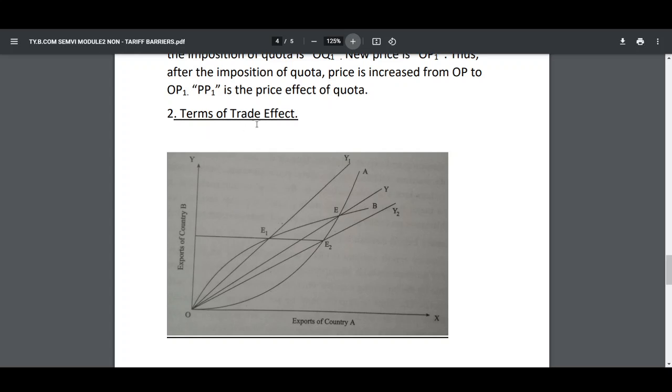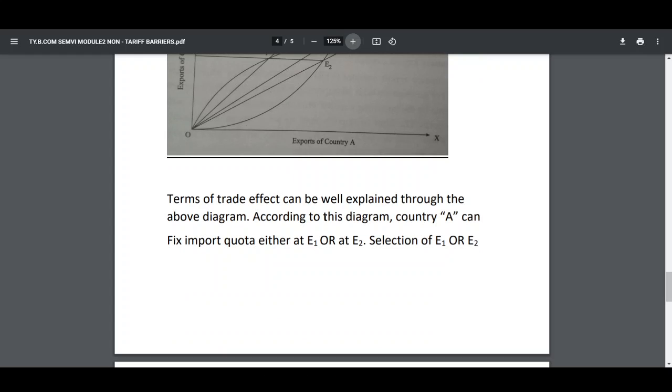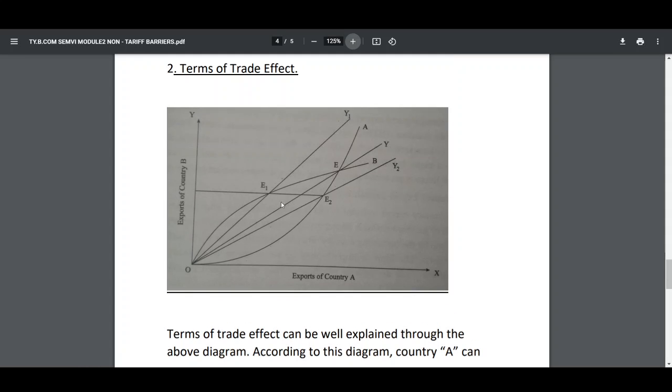Next one, terms of trade effect. Terms of trade effect can be well explained through the above diagram. According to this diagram, country A can fix import quota either at point E1 or at point E2, and OQ is the quantity of export.